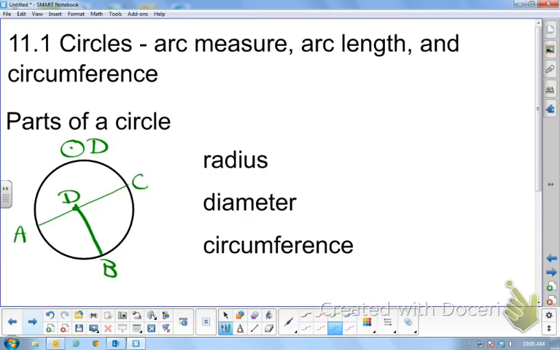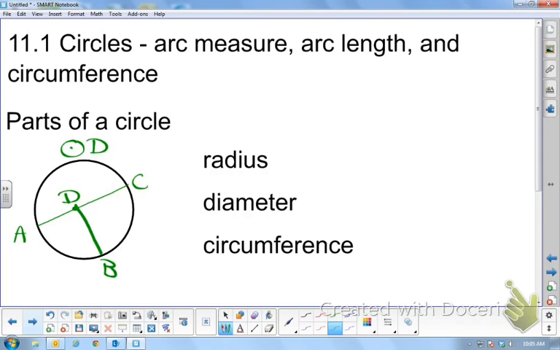Radius. What do we know the radius is on a circle? What does radius mean? Half the diameter. Okay.